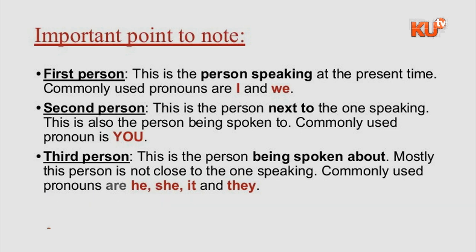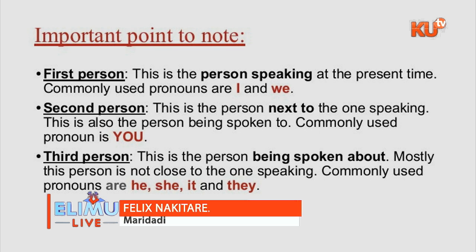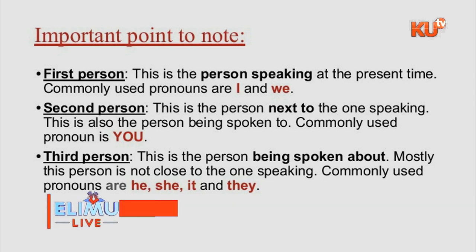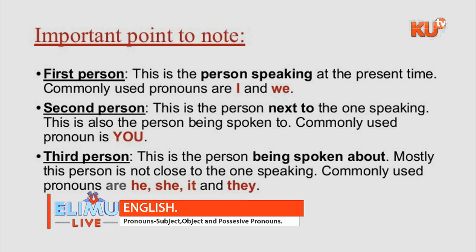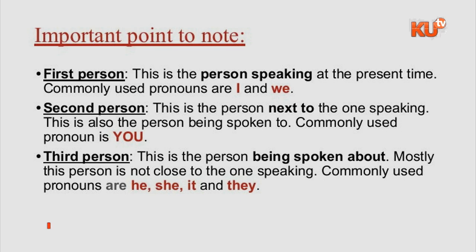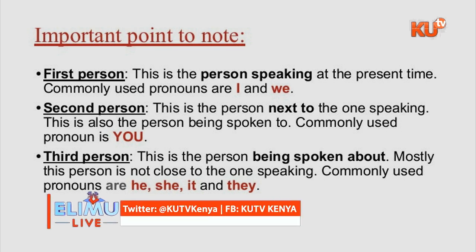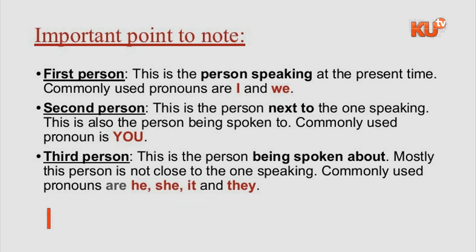First person singular is one person, which is me, and the pronoun I will use is I. First person plural means the people speaking are two or more, and I will use the pronoun we. So under first person, we have pronoun I in singular and pronoun we in plural. Remember, first person is the person speaking, denoted by the pronouns I and we.